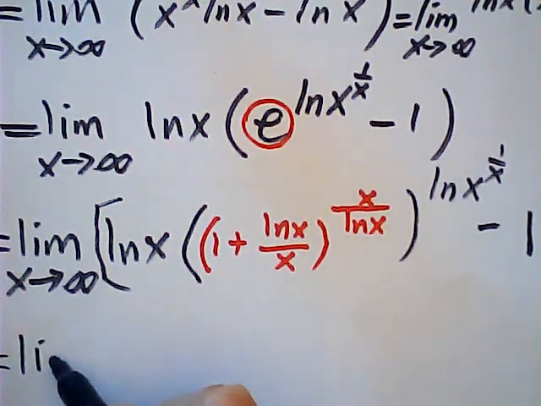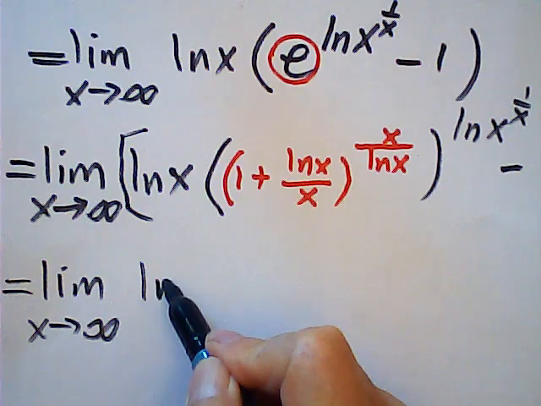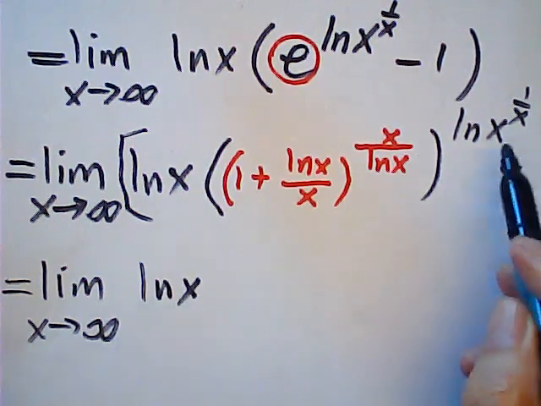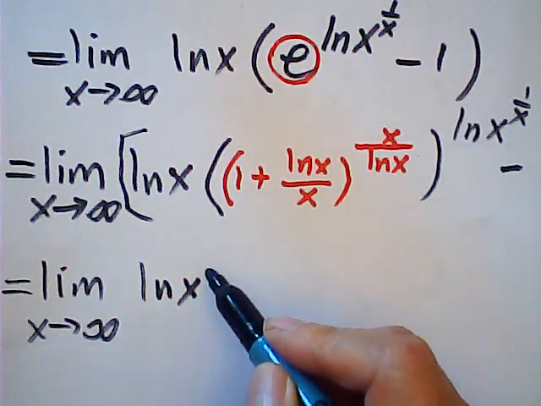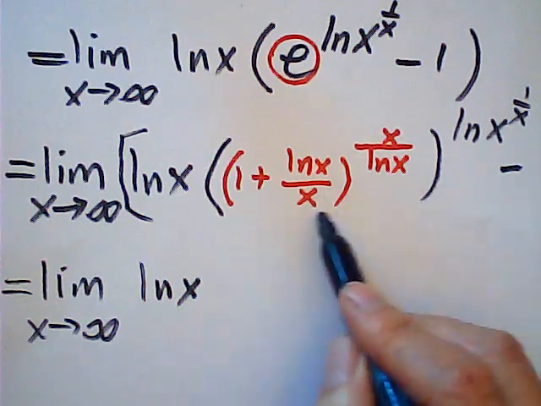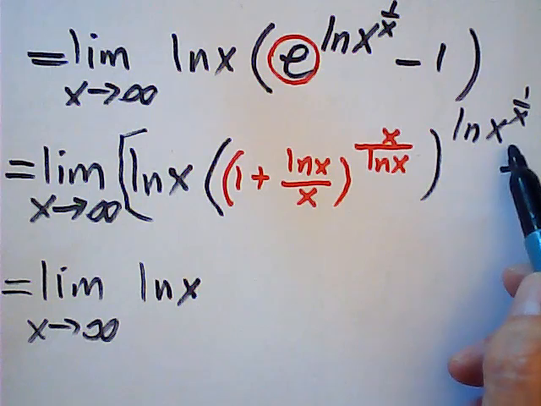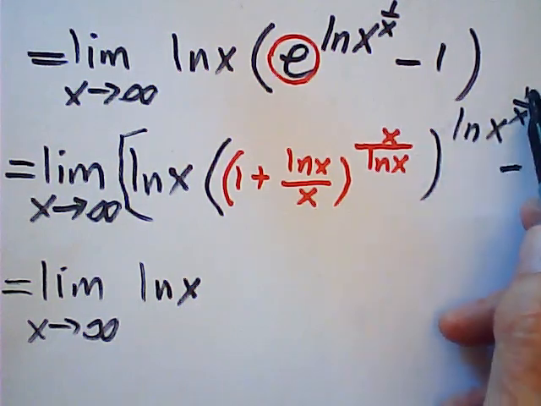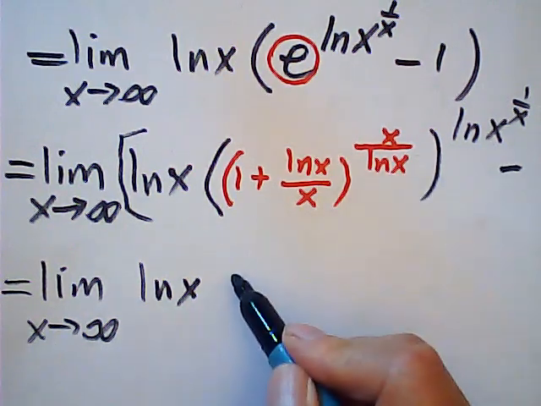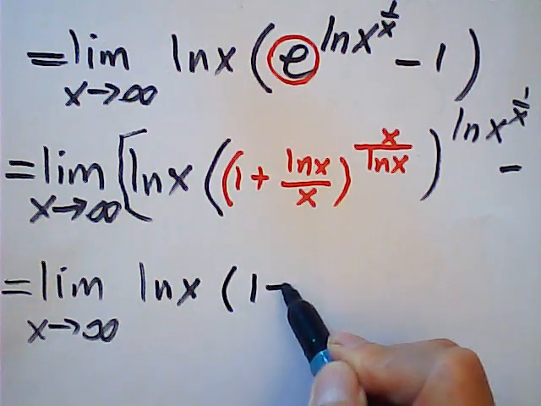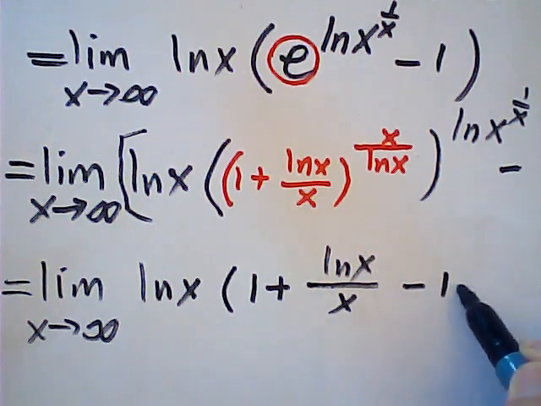Then this one, as x goes to infinity, natural log x. And this one cancels out. This one is 1 over x times log x, cancel with that one is 1, so that becomes 1 plus natural log x over x, minus 1.